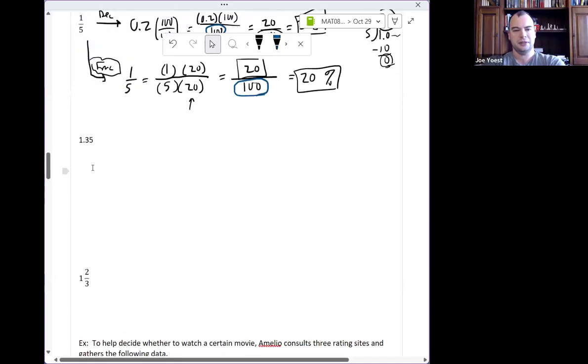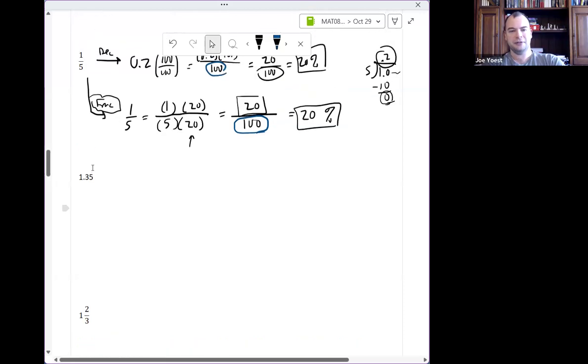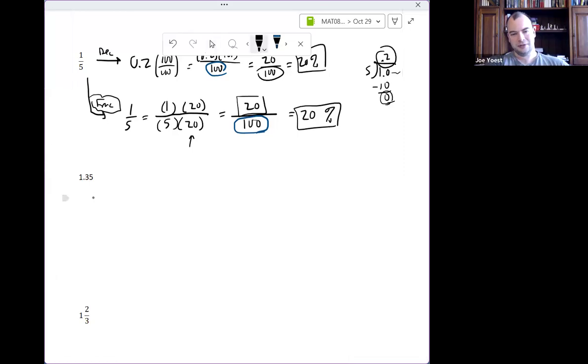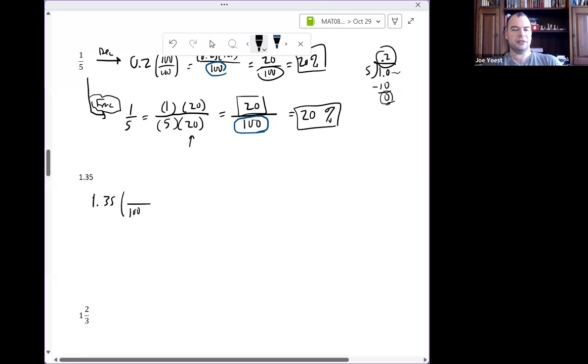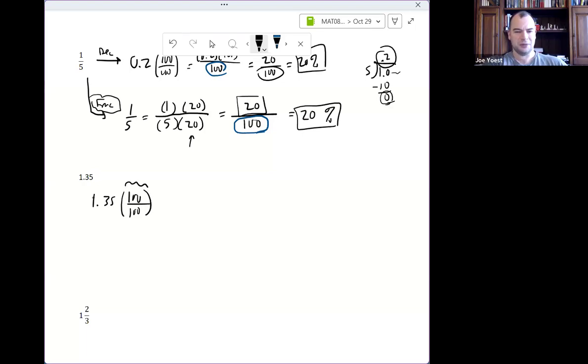So if we look at, say, the number 1.35, and we want to convert it to a percent, well, similar to above, my goal is to get a denominator of 100. And I need to multiply by 100 over 100. The reason I'm doing this is that it's just multiplying by 1. It's not changing the value. I need to keep my denominator of 100.